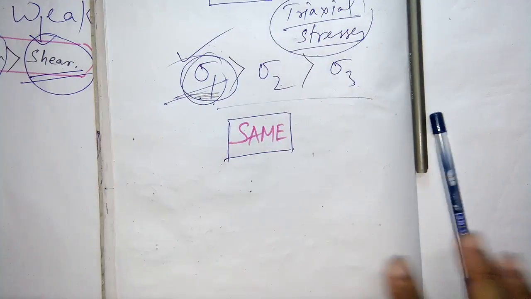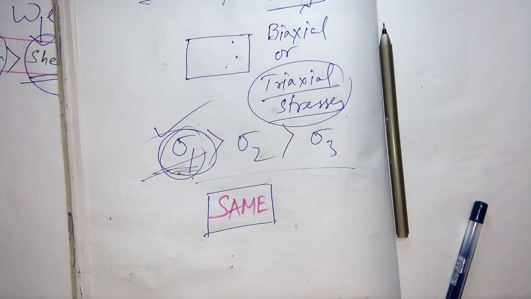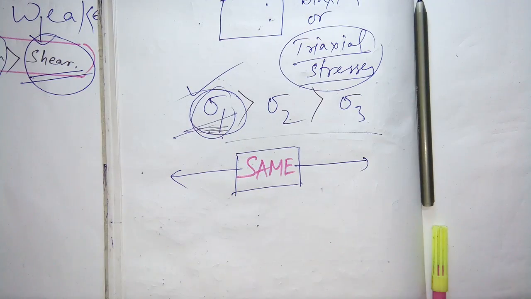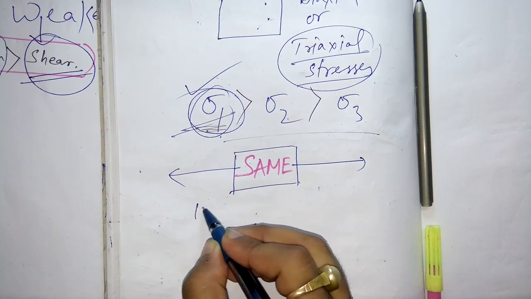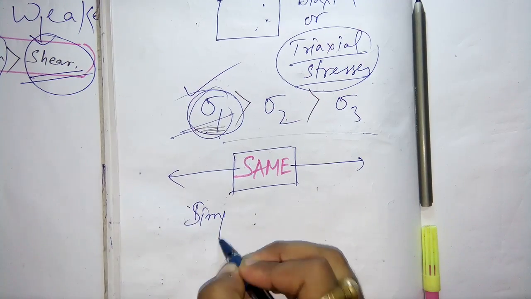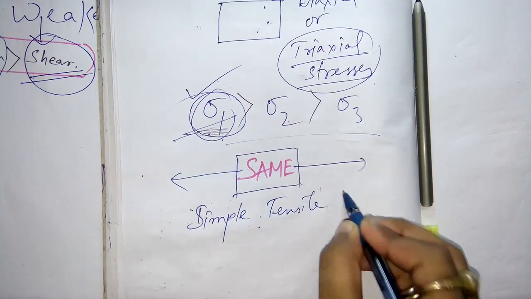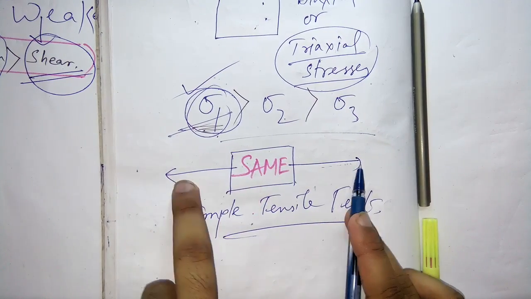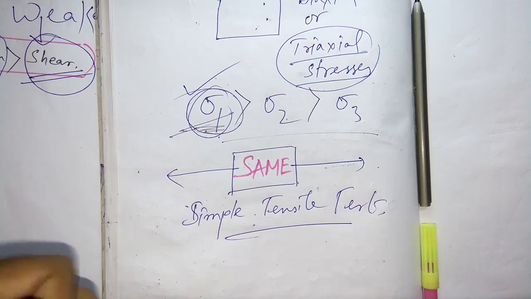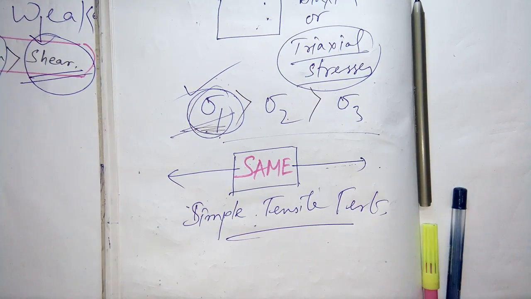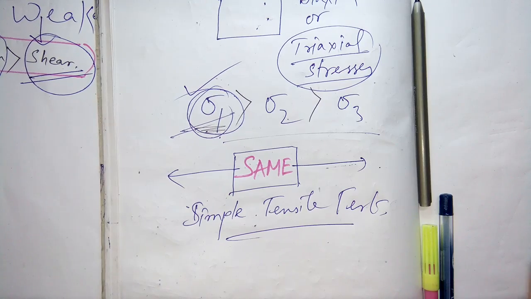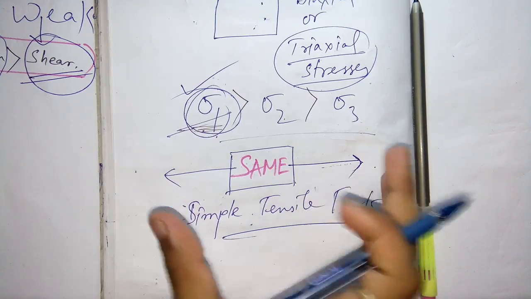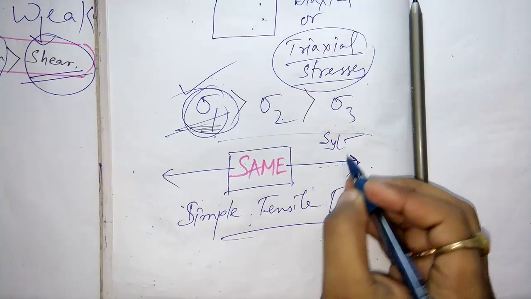This component and this component are the same, but now this component is subjected to uniaxial stress, or suppose you are performing a simple tensile test. We only give a uniaxial tensile force.